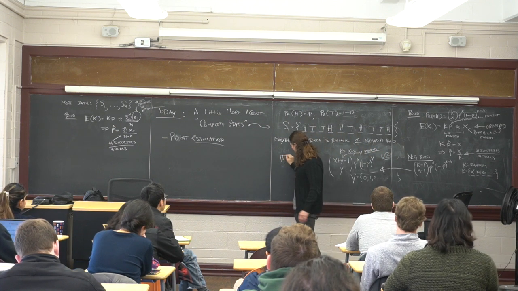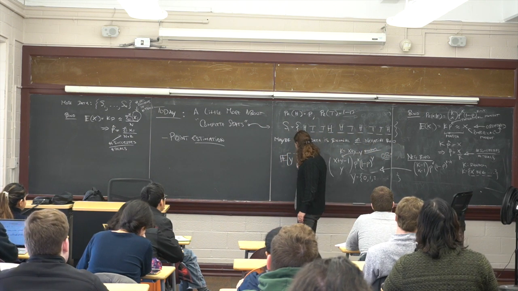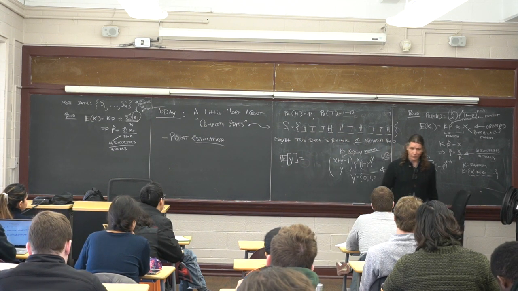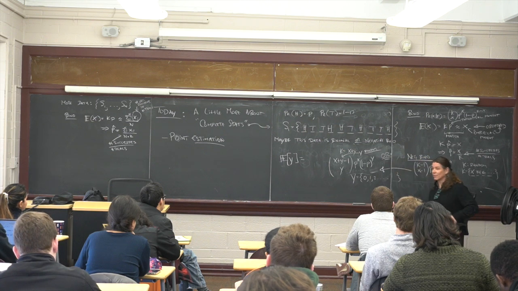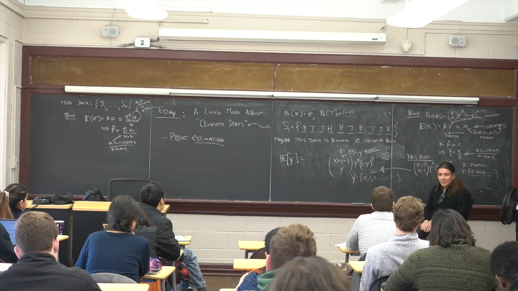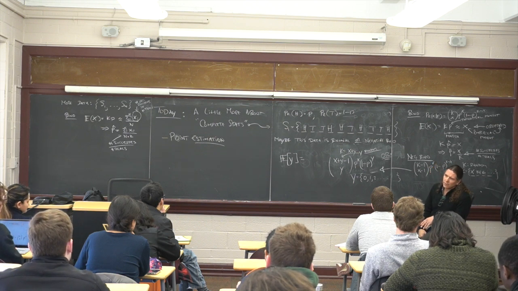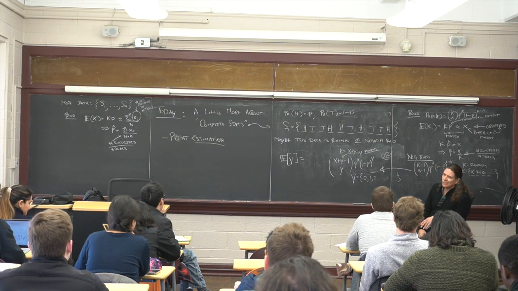Okay, just real quickly, who's on the ball? What's the expectation of y? I'll give you epsilon, if you know the answer off the top of your head. David, do you know? Expectation of y?